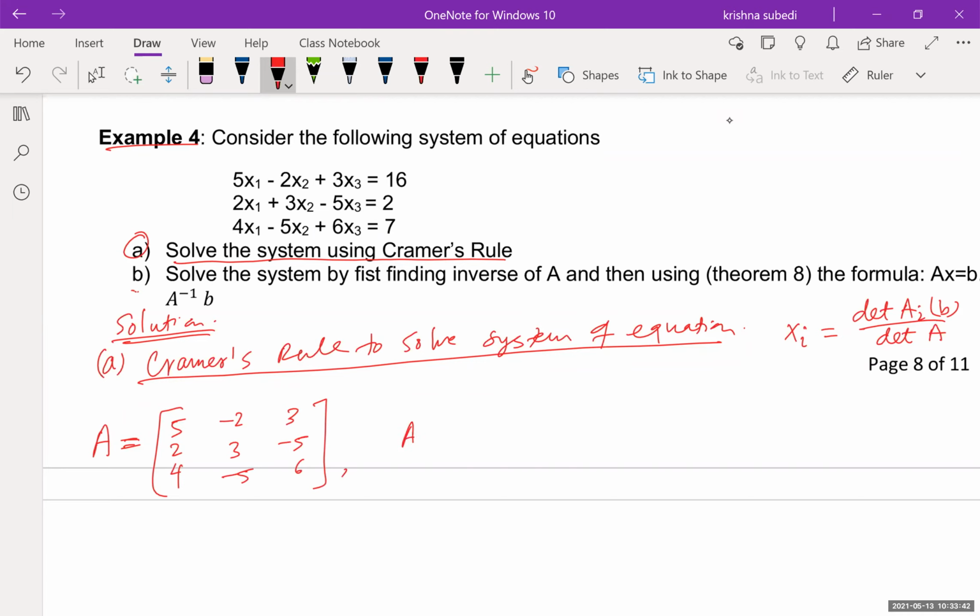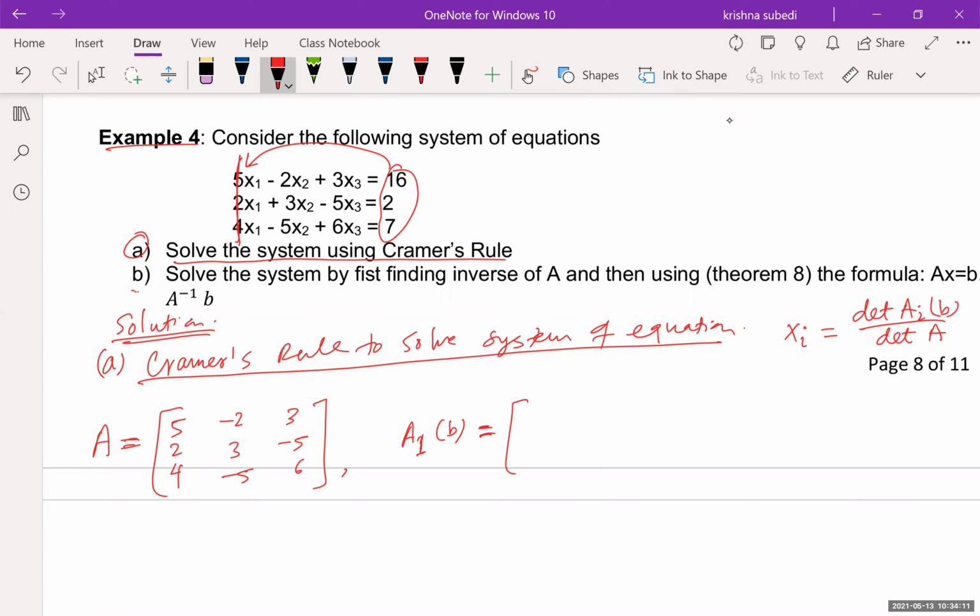Now matrix A1B. What it means is you replace the first column by the constant b. So you switch it there and write down the other things as they are.